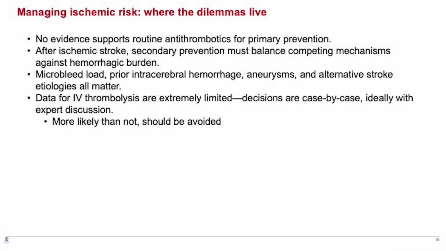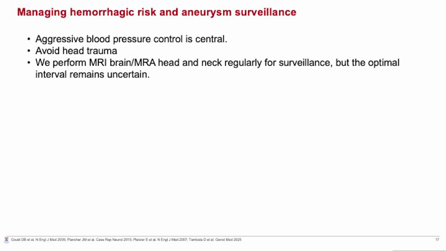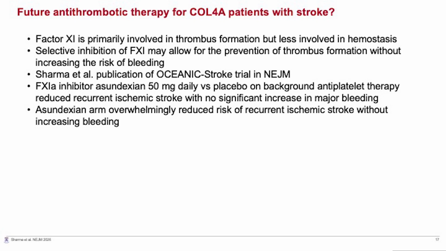So what do we do about managing hemorrhagic risk? Aggressive blood pressure control is central. Avoiding head trauma, performing an MRI brain and MRA, looking at the blood vessels to see if there's aneurysm or further accumulation of hemorrhage. But the optimal interval, how often we should do these things, is uncertain.